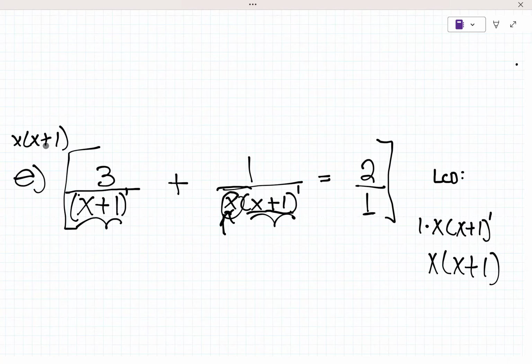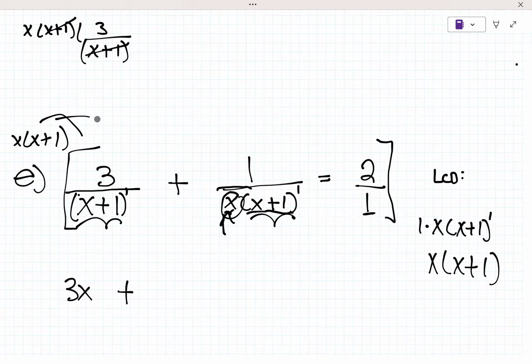Now, if for any reason it confuses you when you're multiplying this out, write it out. So let's do the first part. I'll write it out as x times x plus 1 times 3 over x plus 1. Because it's easy to make a mistake, just write it out. But what do you see that's the same top and bottom? The x plus 1. So you're left with 3 and x.